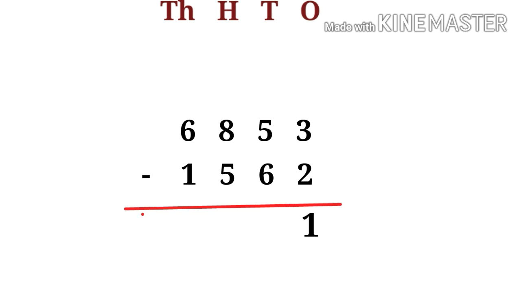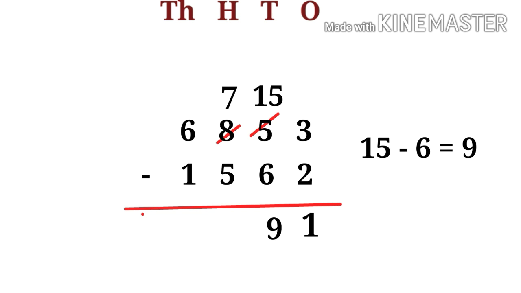So, borrow 1 from 100 place. So, 100 place digit 8 is decreased by 1 and it becomes 7. And also, tens place digit is increased as 15. Now we can easily subtract 15 minus 6, that is equal to 9.